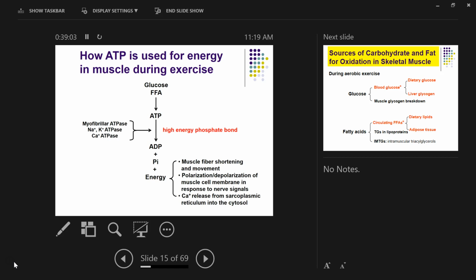And three different types of ATPase enzymes can hydrolyze ATP and release energy, and this energy is used for a variety of activities in skeletal muscle, including muscle fiber contraction, shortening, movement, and also polarization and depolarization of muscle cell membranes in response to nerve signals, and also calcium release in the muscle fibers, which is very important for muscle contraction.